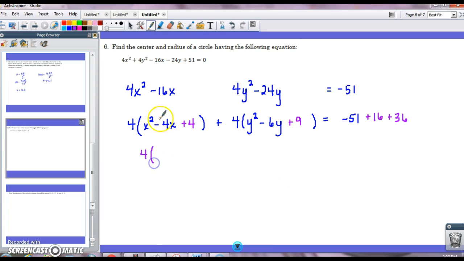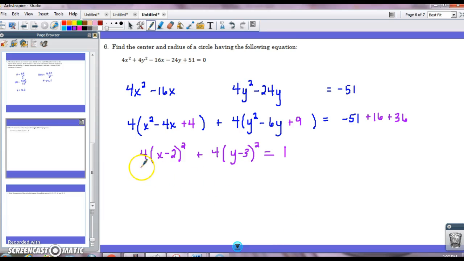And when I complete the square then, and I rewrite this, I end up with 4 times x minus 2 squared plus 4 times y minus 3 squared is equal to 16, and 36 is 52. Minus 51 would give me 1.